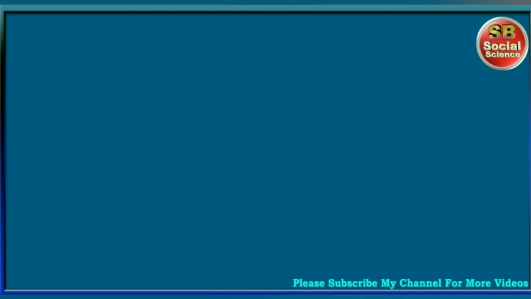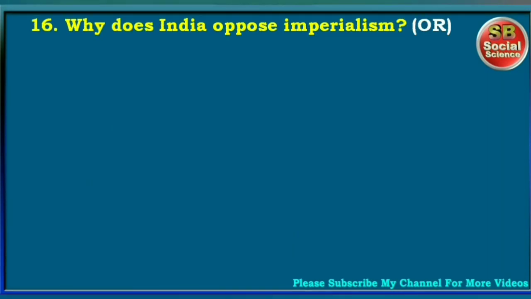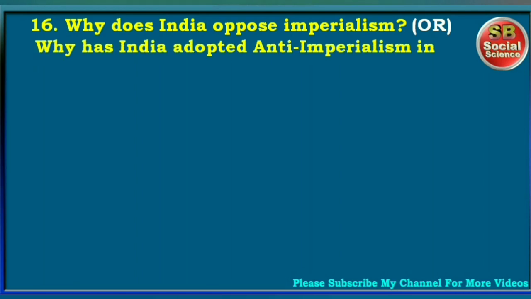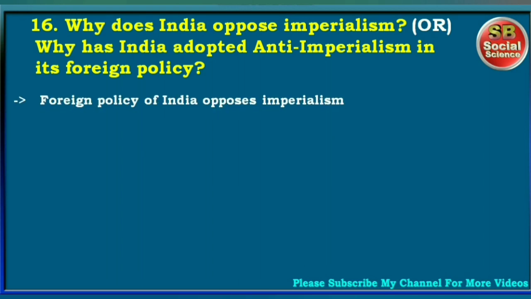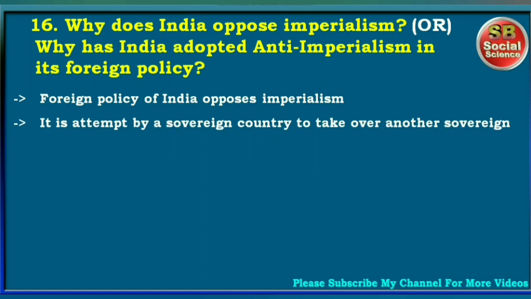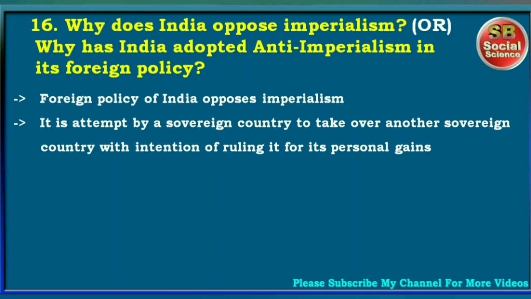Next question is, why does India oppose imperialism? Otherwise, why has India adopted anti-imperialism in its foreign policy? Answer: the foreign policy of India opposes imperialism, which is an attempt by a sovereign country to take over another sovereign country with the intention of ruling it for its personal gains.